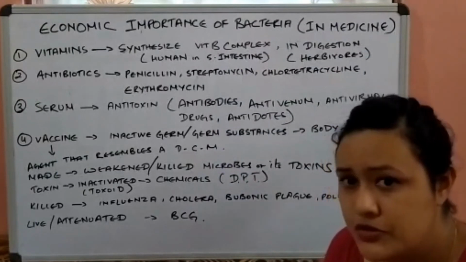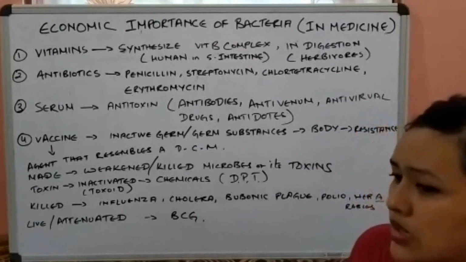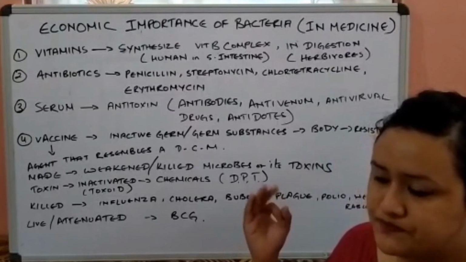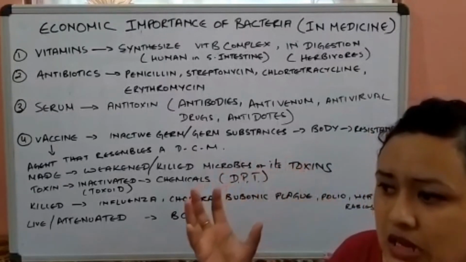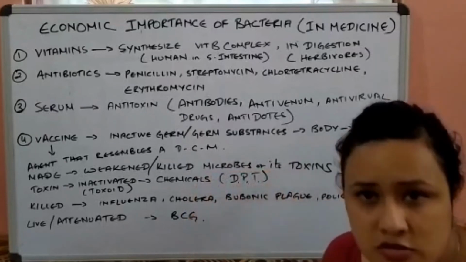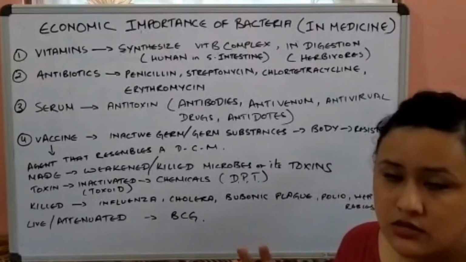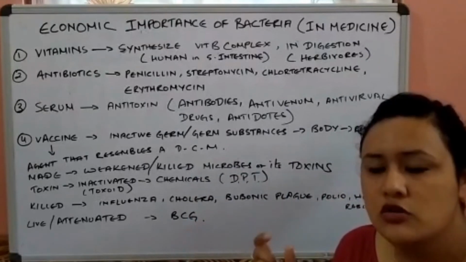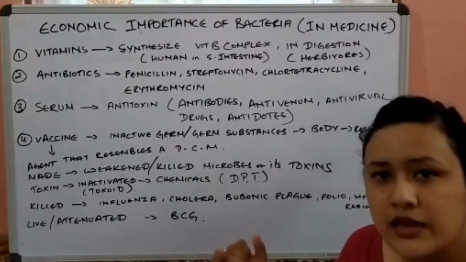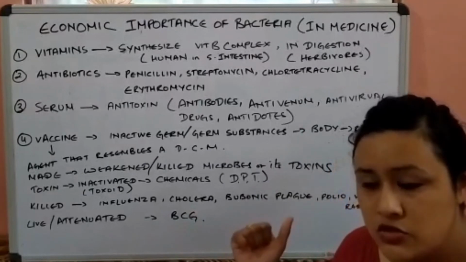Antibodies are also produced artificially. How? Suppose I take a small dose of bacterial toxin, a poisonous substance, and inject it into a healthy person or an animal. Take the example of a horse. We inject it into a horse.